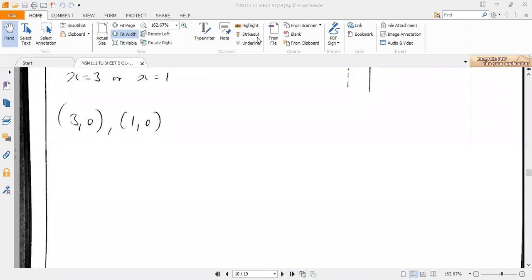Sir, I've got a question. When sketching these graphs, apart from the asymptotes and the Y-intercepts, what else are you supposed to find?